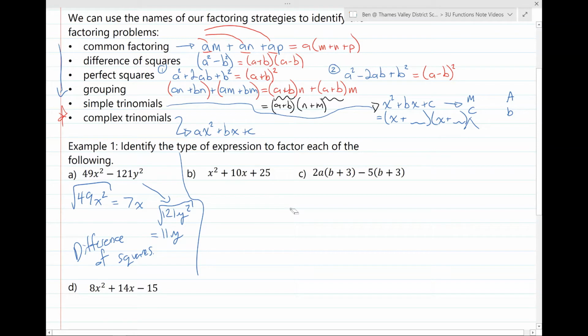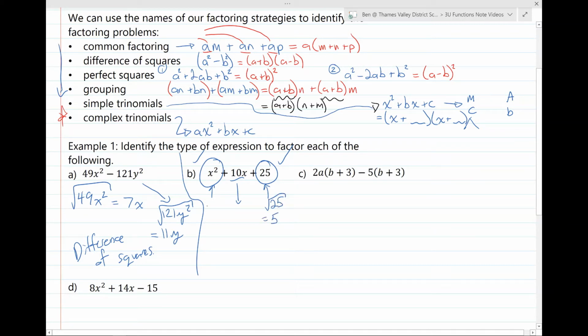Well, let's check. My final number is a square number, so that checks off one box right away. My first number is also a square number, so now I need to check, is my middle coefficient equal to the square root of my first coefficient times the square root of my third coefficient times 2? Well, let's check. The square root of my third coefficient, the square root of 25, equals 5.